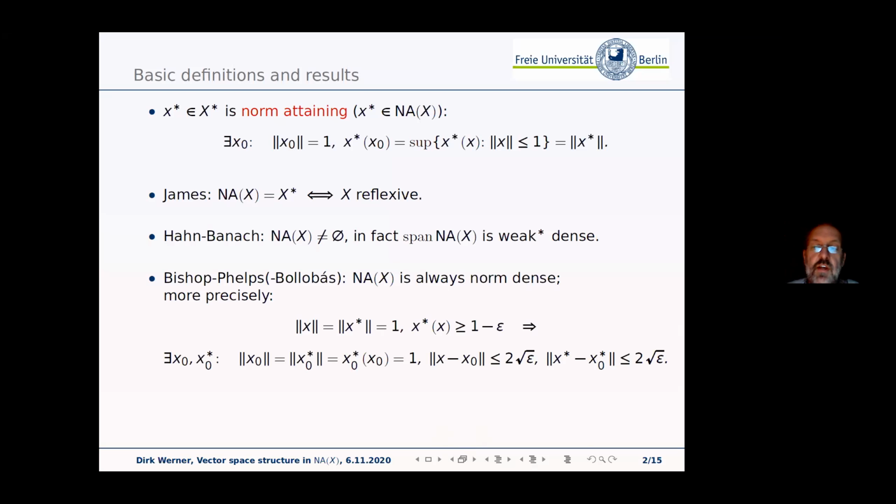And there is a quantitative version worked out by Bollobás saying if you have a functional and a point where the norm is almost attained, then close to the functional and close to the point, and this is the optimal distance, one can find a norm attaining functional and a support point that follow the definition of norm attainment.